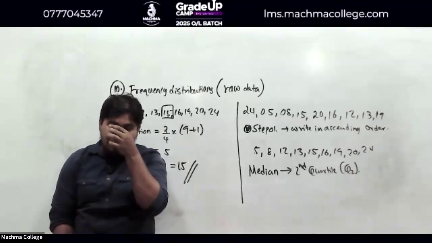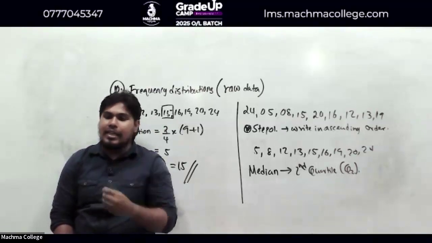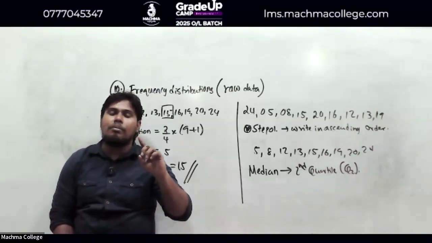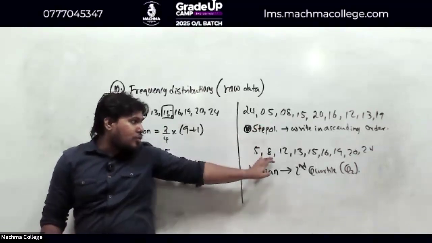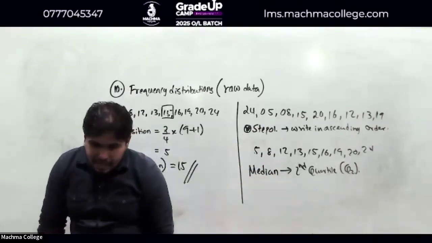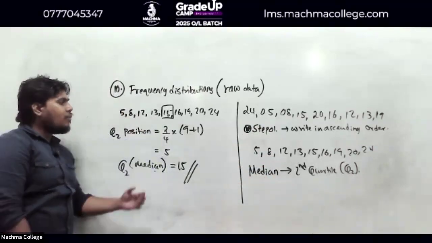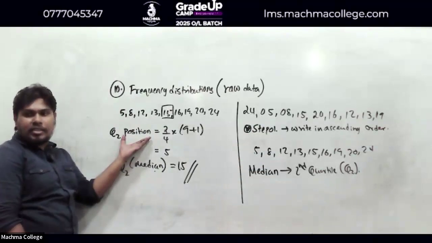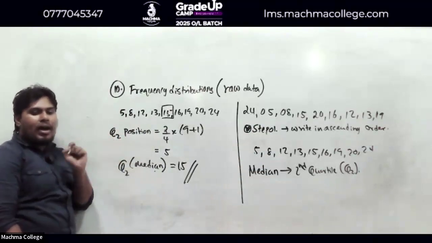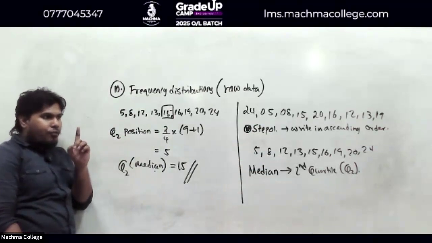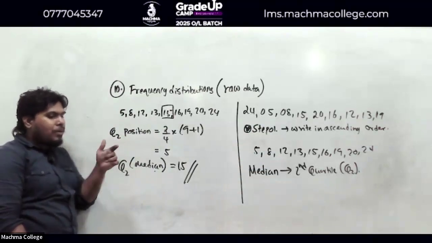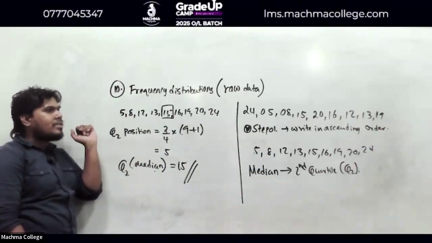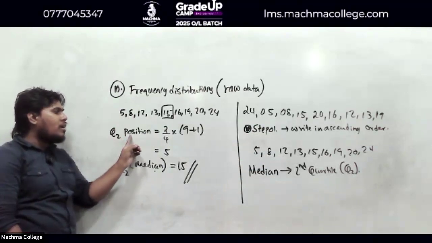To calculate the median or second quartile, first write the numbers in ascending order, from smallest to biggest. Then apply the formula to calculate the position, to find where that number is in this data set.